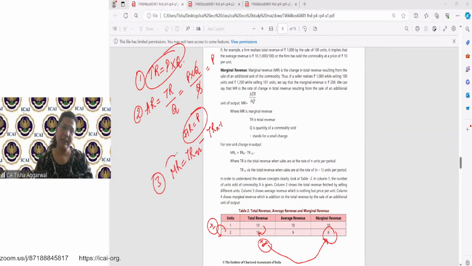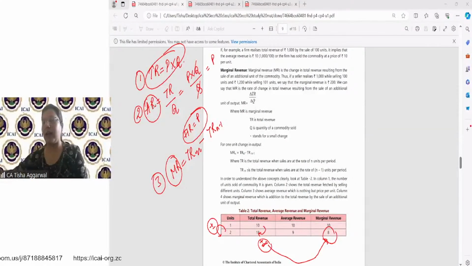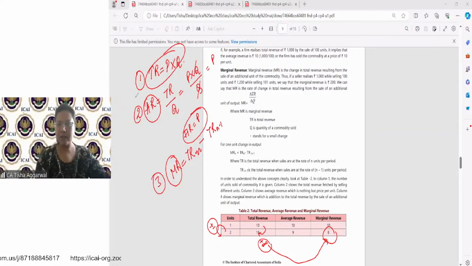This is how you're going to compute average revenue, total revenue, and marginal revenue. Is it clear to everybody? Yes or no? Come on in the chat box fast, people. Very good. Perfect. I will delete this all and let's proceed further.